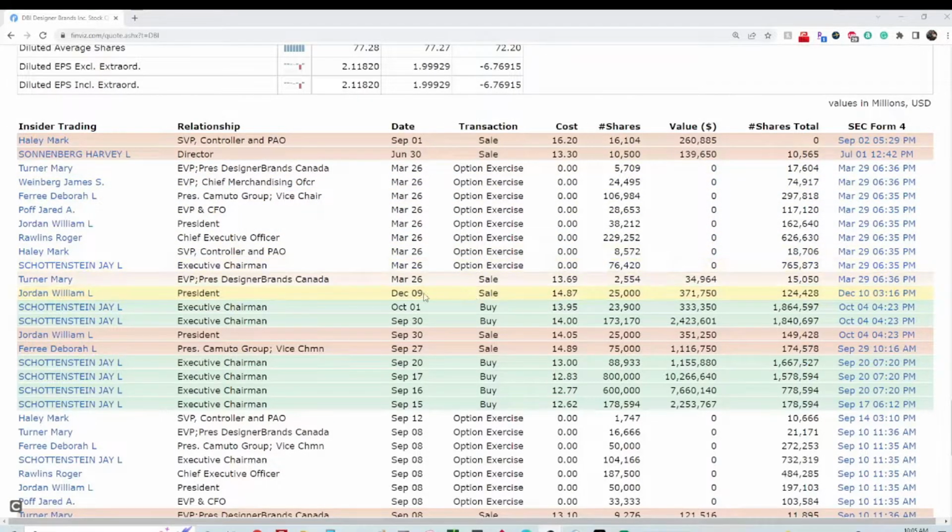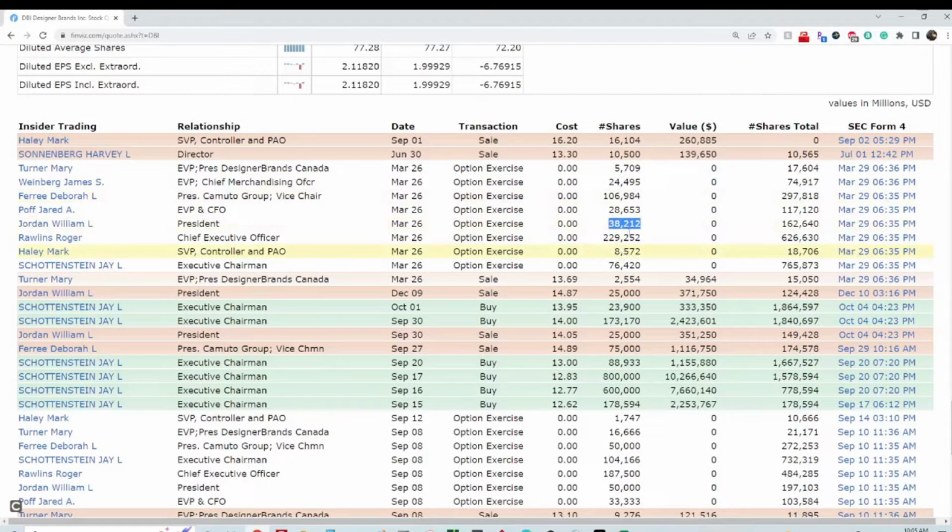So let's just look. We have Jordan selling 25,000 plus, so Jordan selling 50,000 shares worth. Again, that could be tax purposes. And right here, he's getting 38,000 more. So nothing really out of the ordinary there. Mary Turner, again, selling 2,500 and also getting 5,700 here.